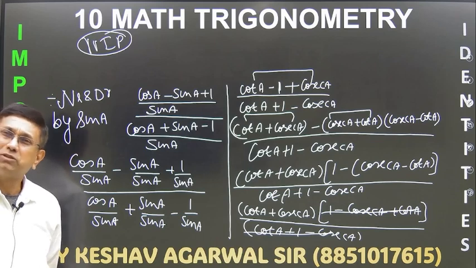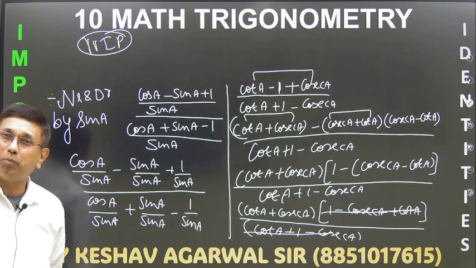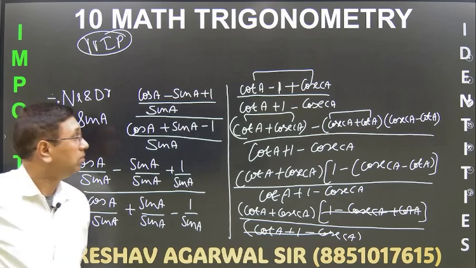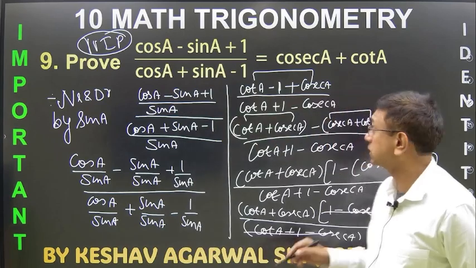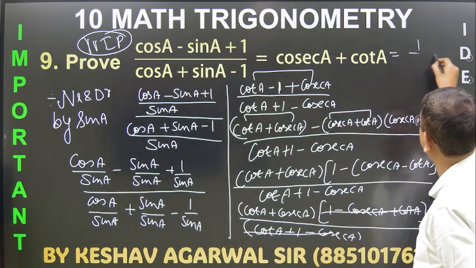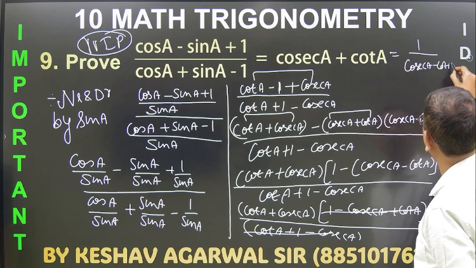Okay, and you know this question they can also ask you to prove 1 upon cosec a minus cot a. मतलब इसी को अगर हम देखें, they can also ask you instead of this prove 1 upon... NCERT का solved example यही है.